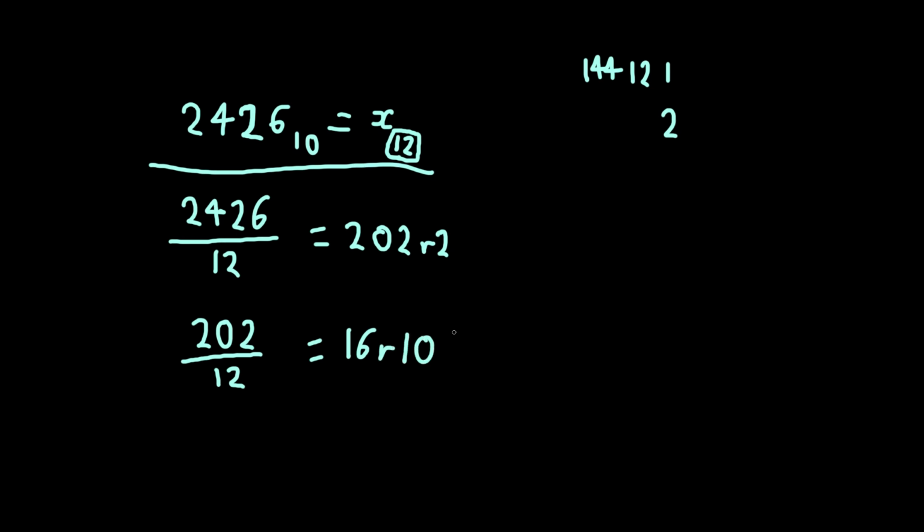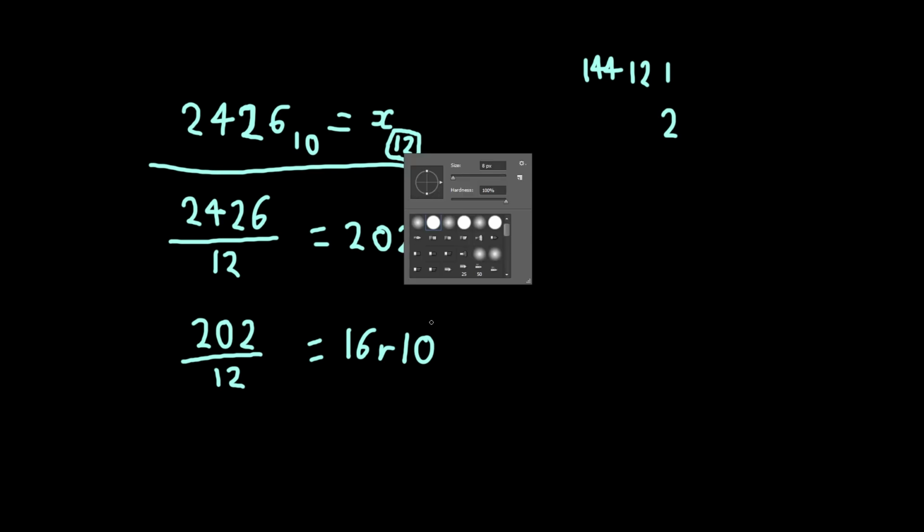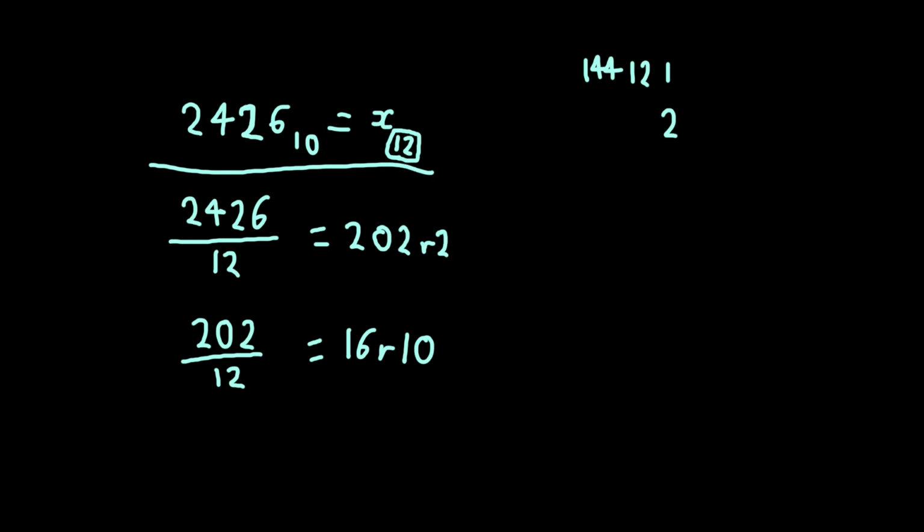Now this is interesting because this is not a digit here. This is a number in base 10, but we're talking about base 12, so that doesn't matter. This is completely okay. This is actually A. It's technically 16 remainder A, but we just don't write that, not yet.